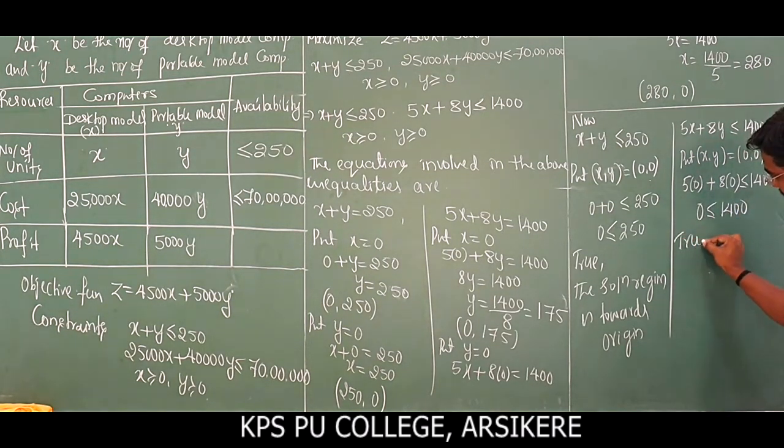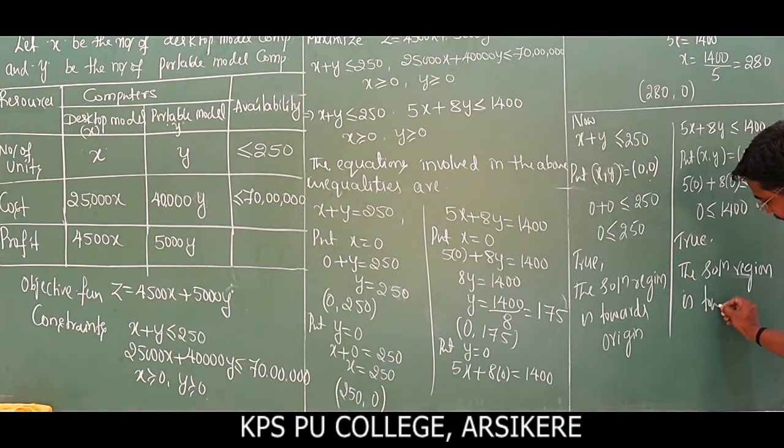Similarly, this inequality is also true because 0 is always less than 1400. Therefore, the solution region is towards the origin. Is it clear? Okay. This is the problem.